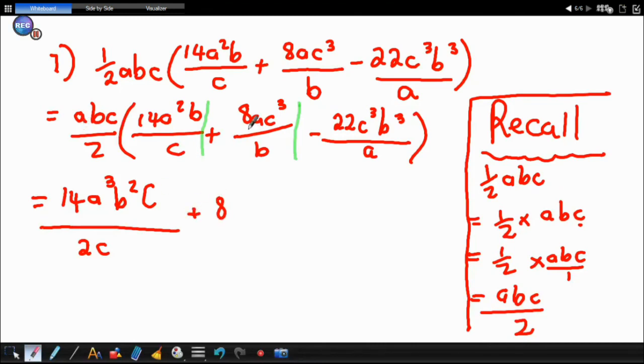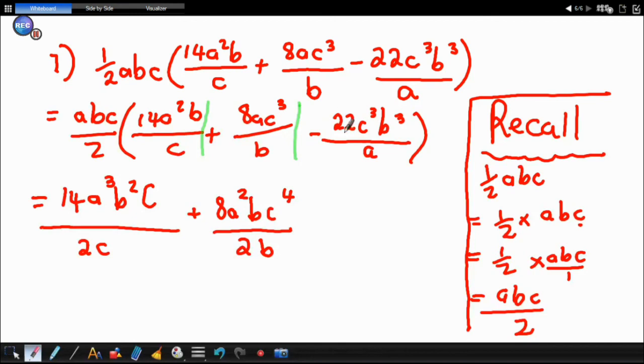And then you have a times a, which is a squared. And then you have b. There's no other b, so I'm just going to put this down here. And then you have c times c cubed, which is c to the power of 4, over 2 times b, which is 2b.